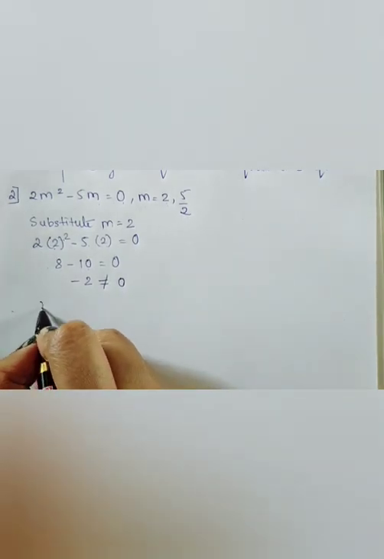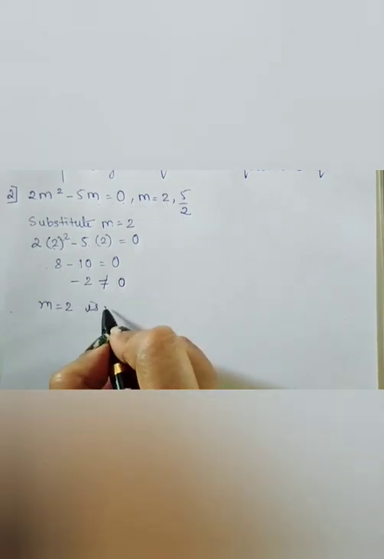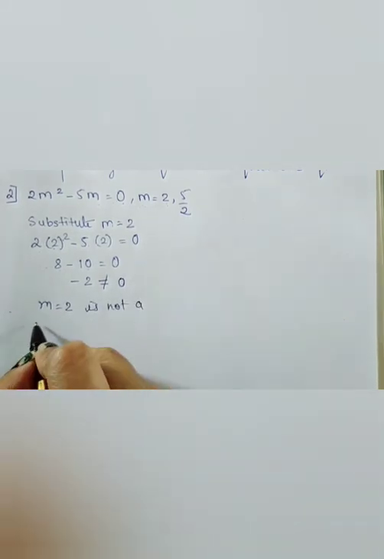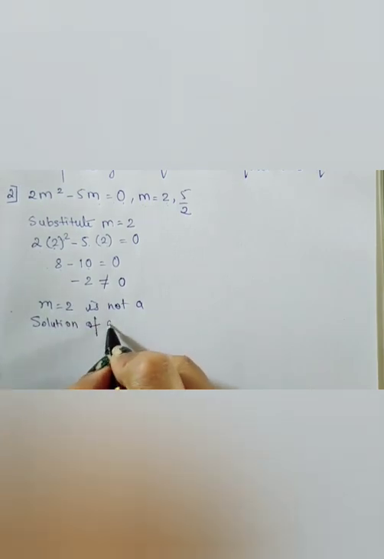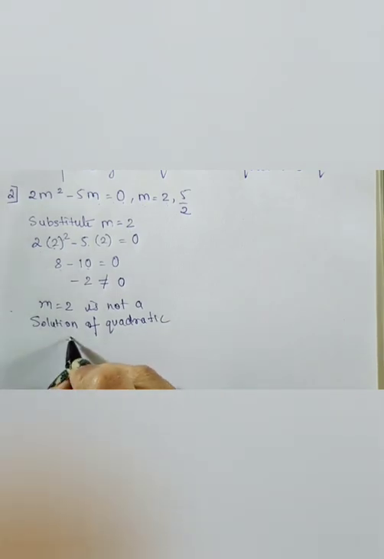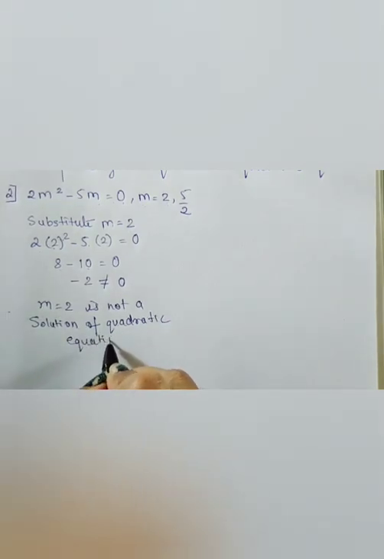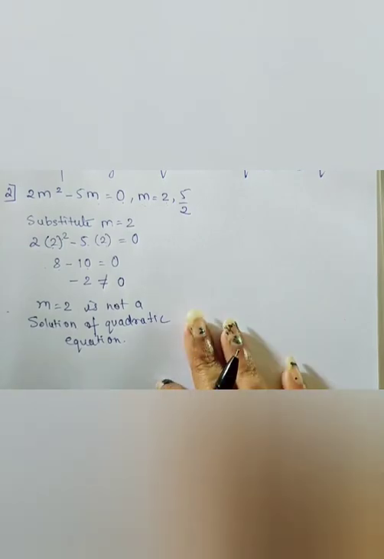So therefore m equal to 2 is not a solution of the quadratic equation. I hope you're getting me.